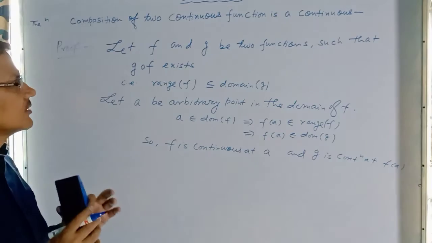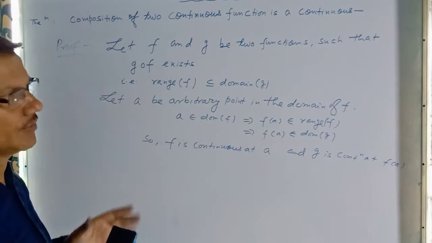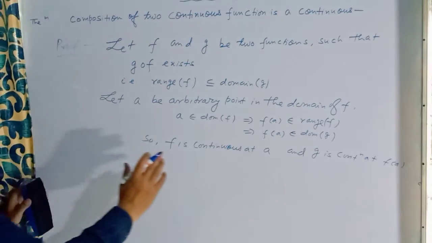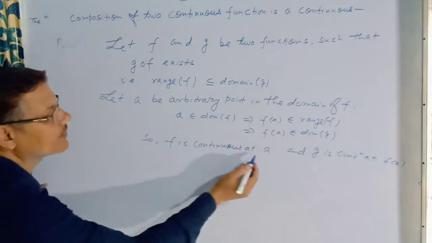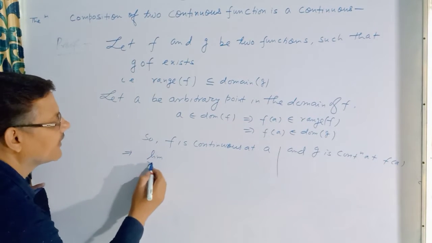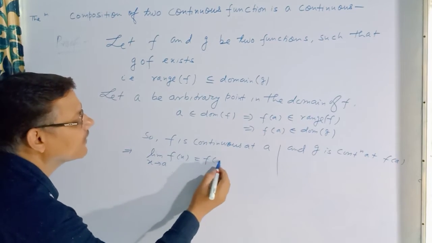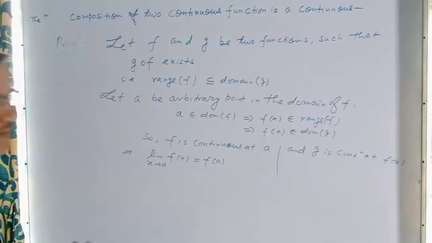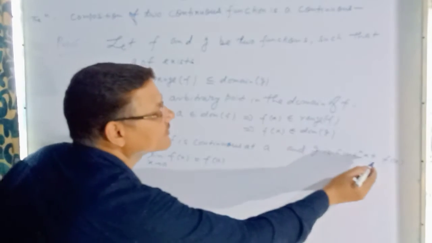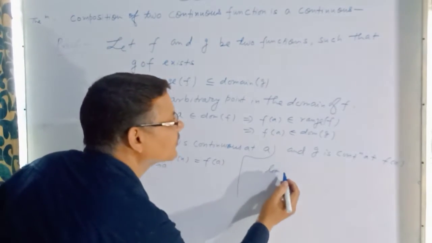So we are supposed to prove g composition f is continuous. So what's our way to start here? f is continuous at a. It implies limit x tends to a, f(x) is equal to f(a). At the same time, g is continuous at f(a), so we write limit of, what's the old function?